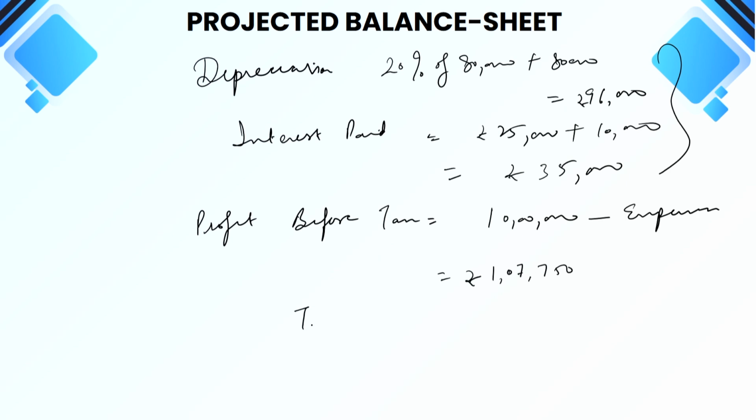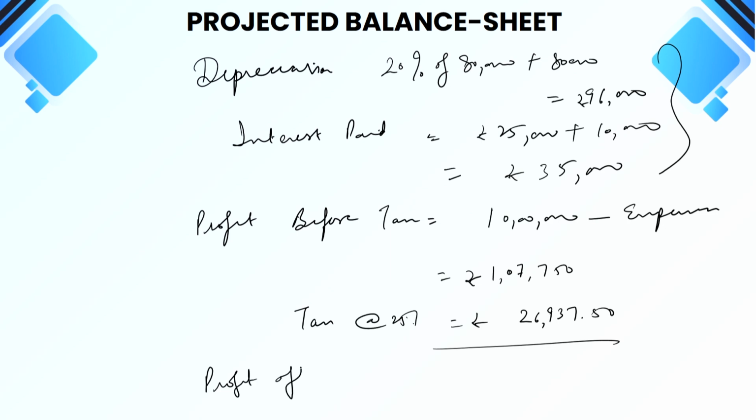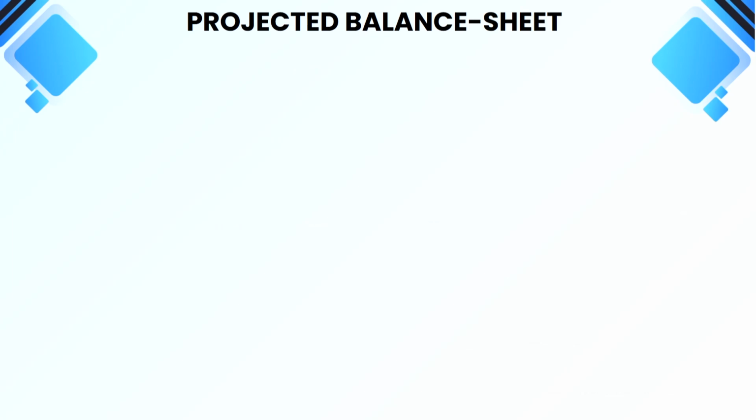Now we compute the tax at the rate of 25%, which comes to 26,937 rupees and 50 paisa. So we are left with profit after tax, which is 80,812 rupees and 50 paisa. So this is our projected income for the year 2023.